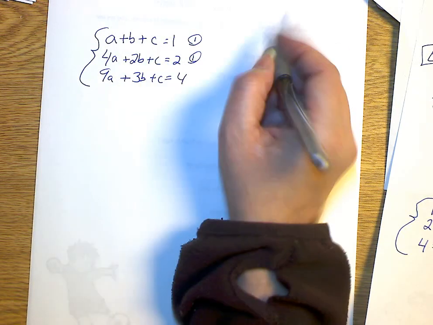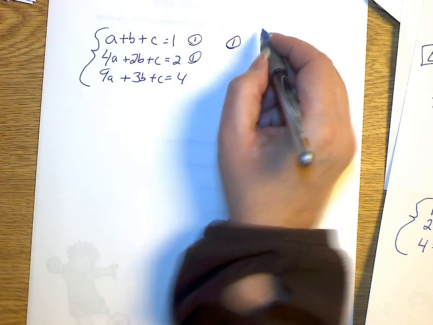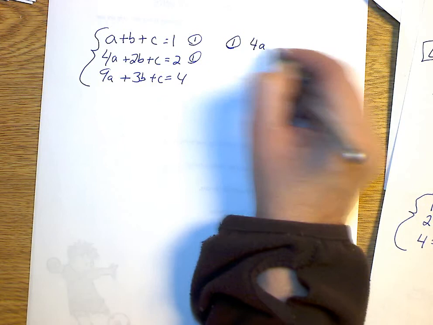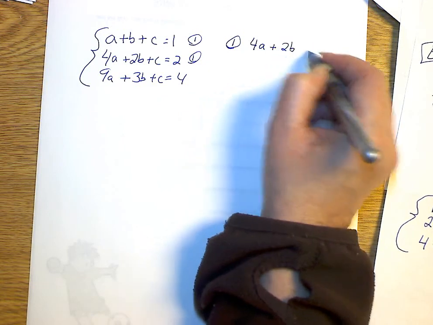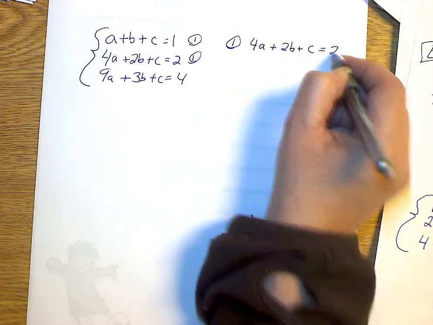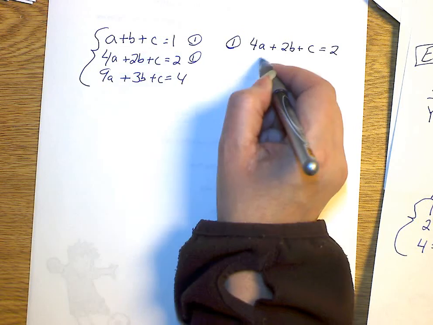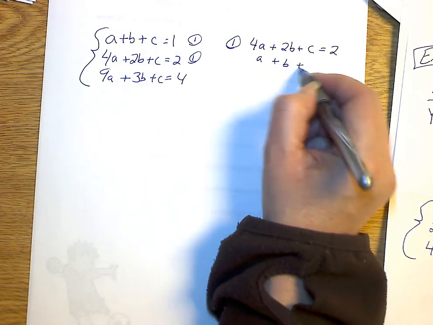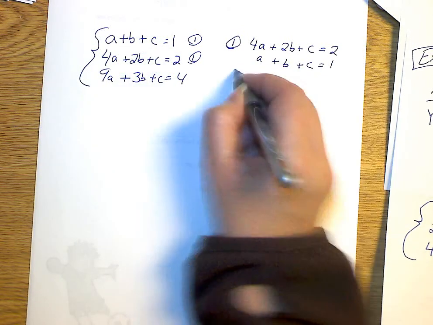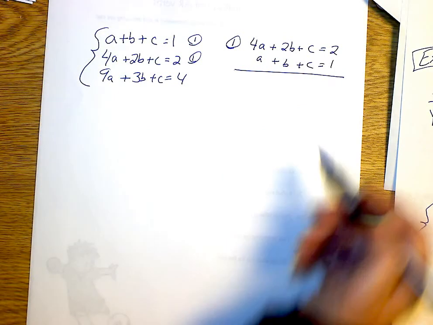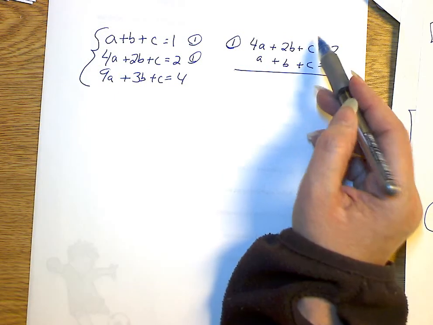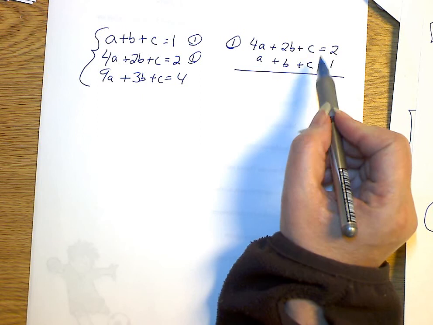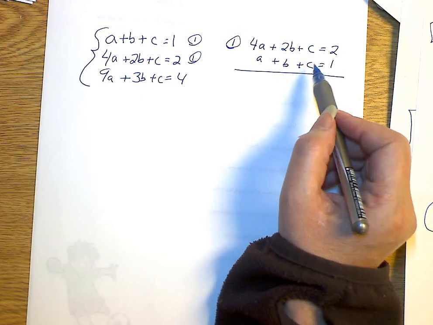So my first step was, I'm going to put this on the top because it's bigger. So we have 4A plus 2B plus C is equal to 2, and then A plus B plus C is equal to 1. So I have to find a way to get rid of my C's. So I have to multiply through by a negative number.